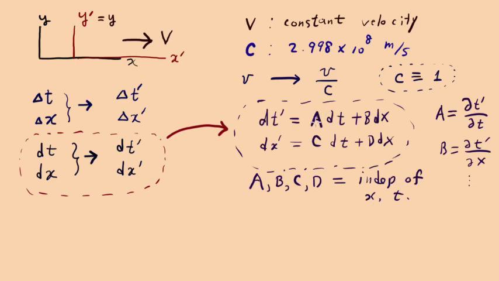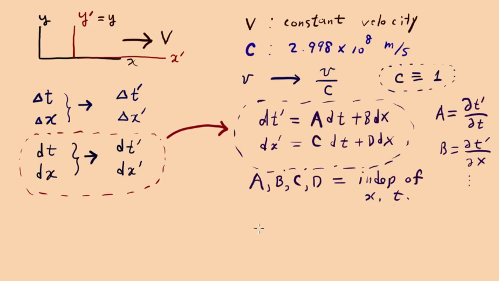Because if they were, then depending on which part of space some baseball hitting event occurs, these transformation laws will be different, and that doesn't make sense based on this homogeneity of space and time. And so A, B, C, D are independent of x and t.